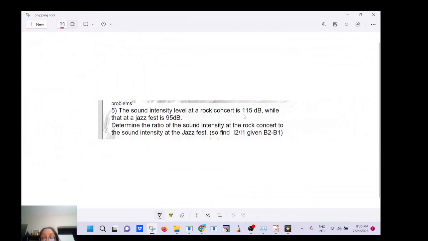Pause the video and try to do them. So you have 115 decibel and 95 decibel. So that means the change in decibel is 115 minus 95. It's 20, so 20 decibel. So that means that the intensity here is multiplied by 100.